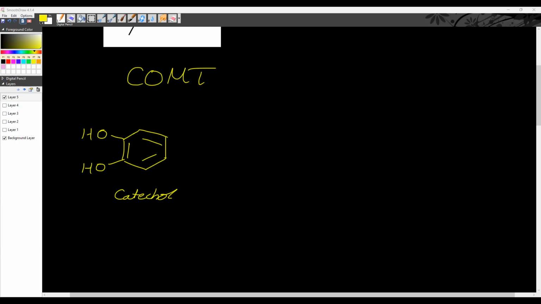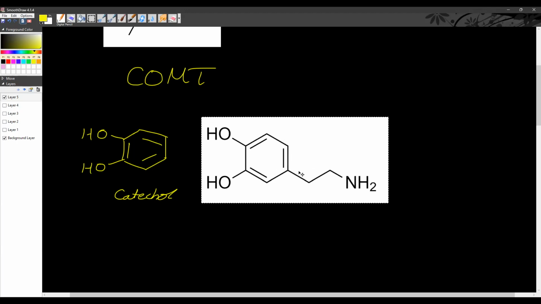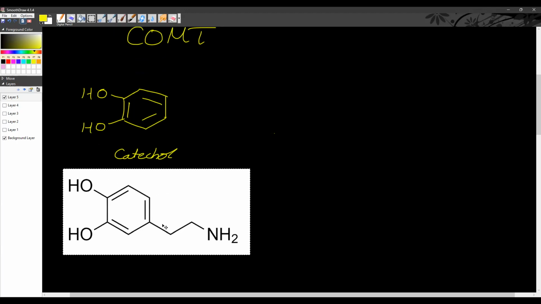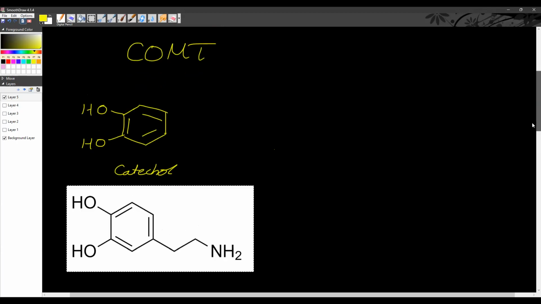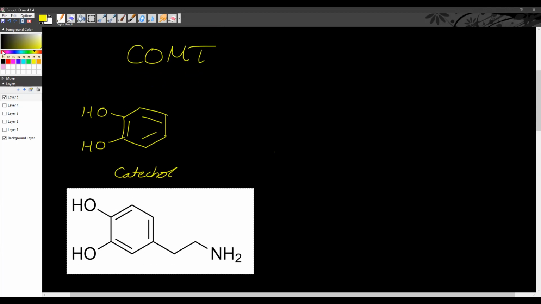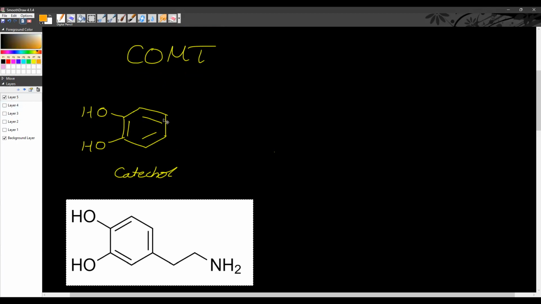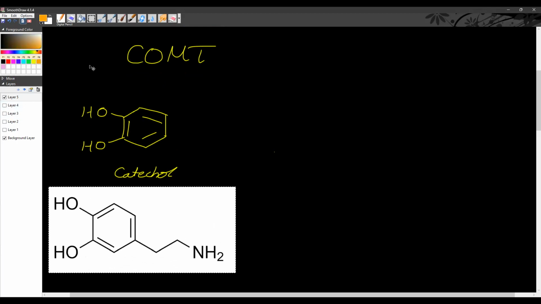So let's take a look at dopamine. What COMT does is that it will add a methyl group onto the carbon 3 OH group.